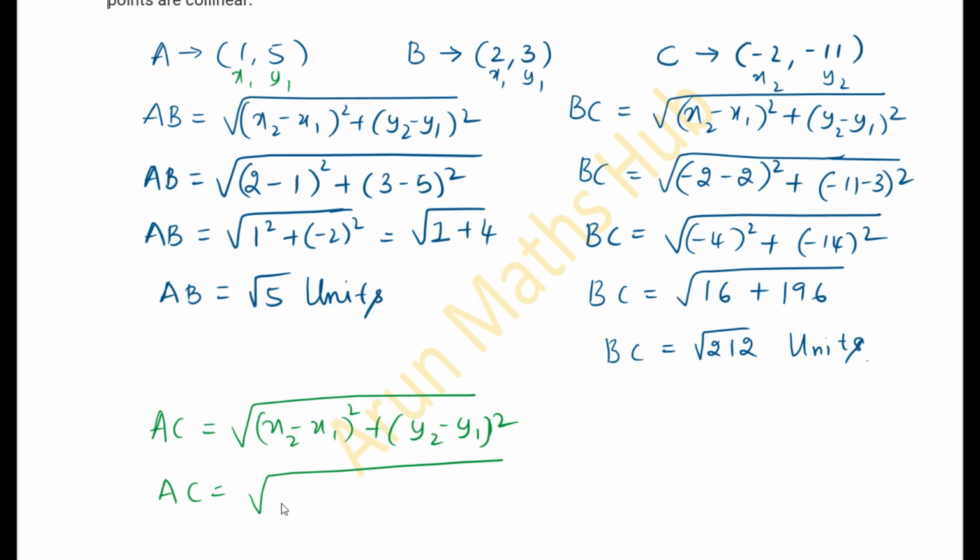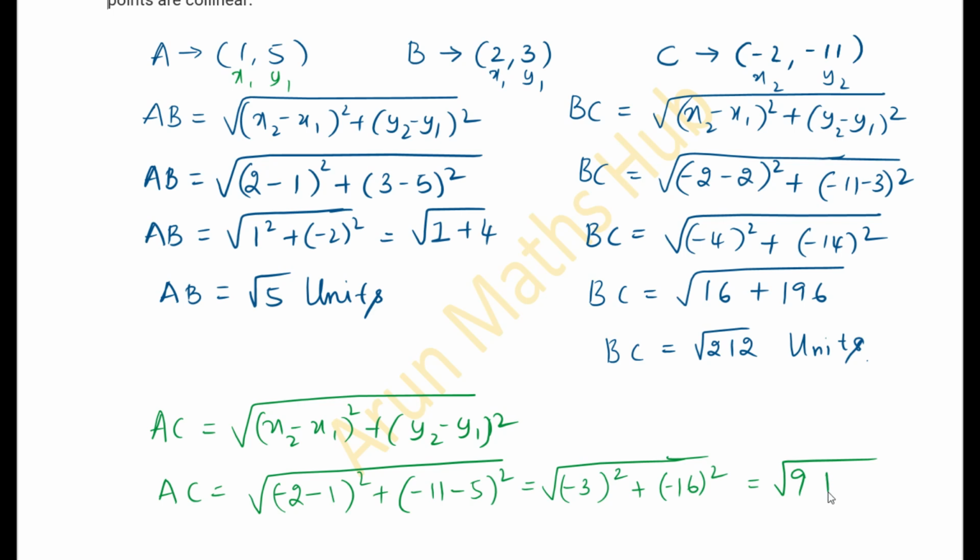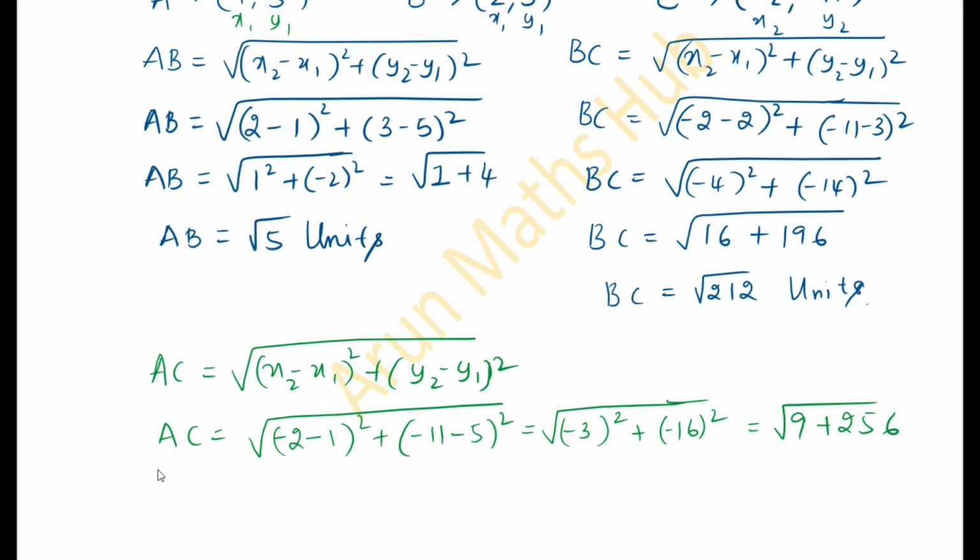Now what is x2? x2 is minus 2 minus x1 which is 1, whole square, plus y2 which is minus 11 minus y1 which is 5, whole square. That equals minus 2 minus 1 is minus 3 whole square plus minus 11 minus 5 is minus 16 whole square. Minus 3 whole square is 9. Minus 16 whole square is 256. Now AC equals, add 9 plus 256, we get square root of 265.